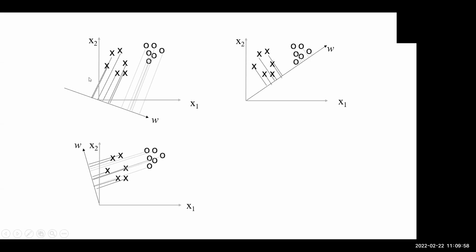Which of those two features was more important for helping you separate those classes? X1. Now the pictures aren't drawn perfectly here, but that W was going to have more weighting on the X1. So it can tell you which of your features was more important. Here you can eyeball it.